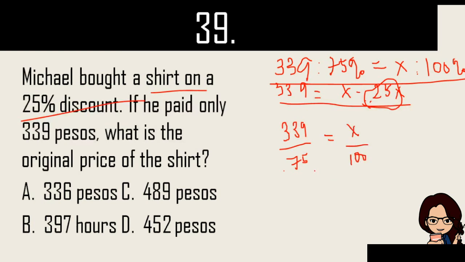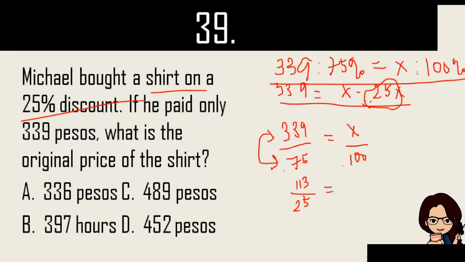Okay? And then, all that I have to do would be to unahin ko muna i-lowest terms, like what we did kanina. So, pareho naman silang divisible by 3. So, you start with that. Magiging 113 over 25.